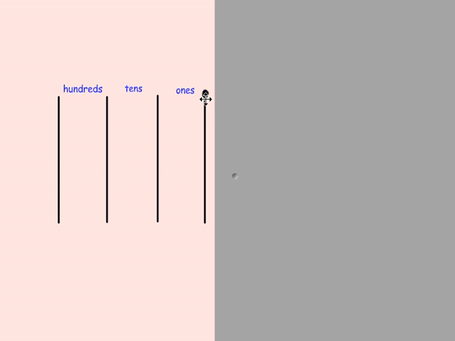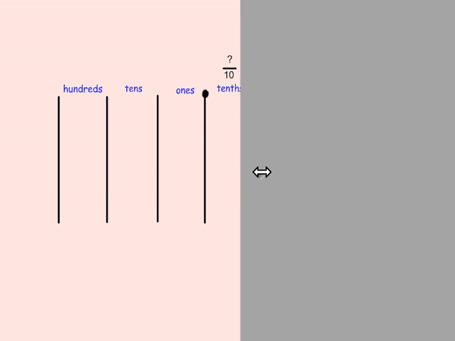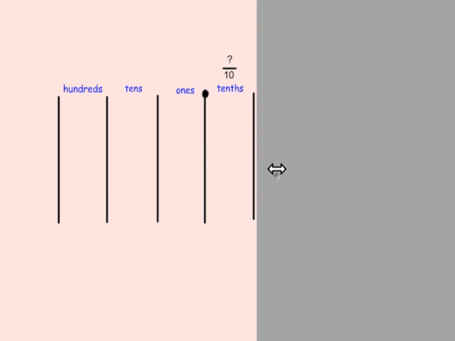Here's our decimal point. Everything on the left-hand side is a whole number. Everything on this side is a part of a whole. So we have, once again, our tenths column. And please remember that it's a tenth.